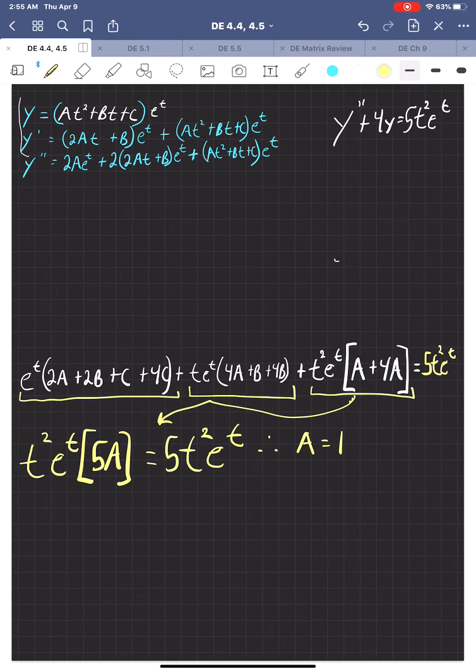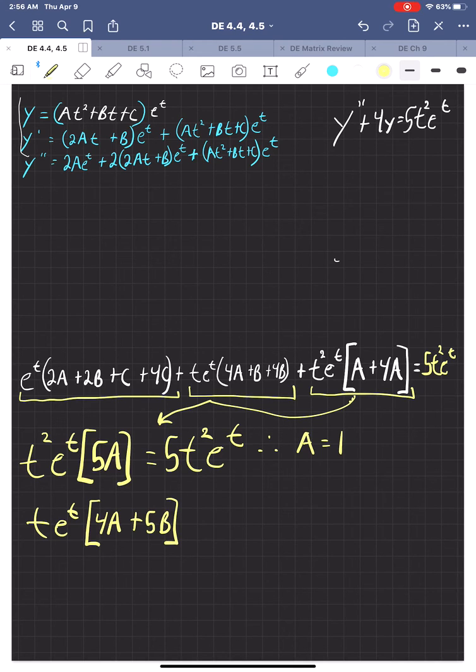Okay, now that I'm armed with that, I can go to the middle term. So that would be t e to the t times, well, that would be 4a plus, well, I got b plus 4b, so I have plus 5b.